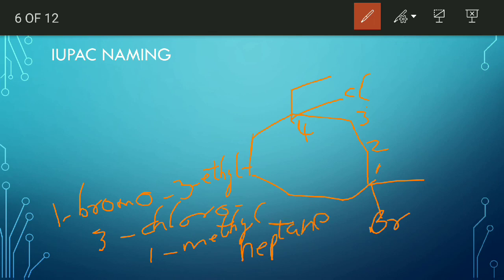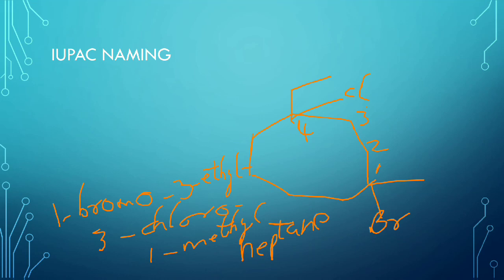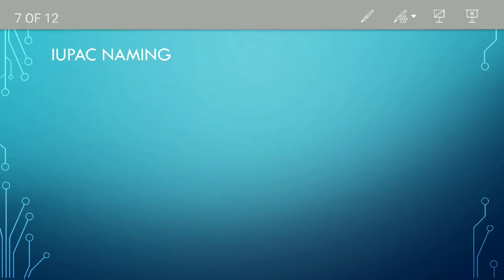We'll conduct a practice session also, in which we will do some practicing, through which we can understand the topic, right? So in cyclic compounds we would have two cases.